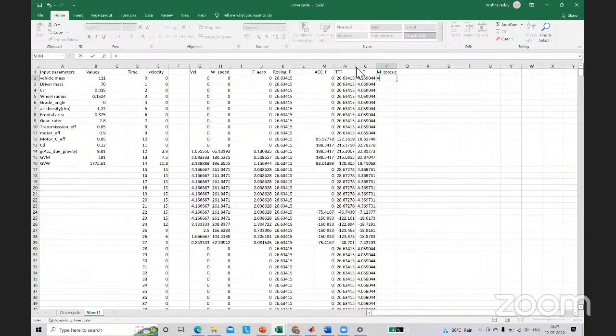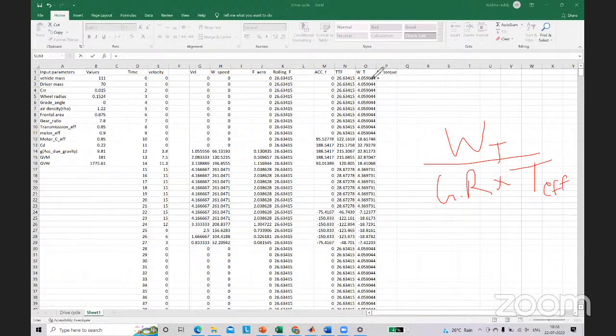Motor torque, as we went through the equations, is wheel torque divided by gear ratio multiplied with transmission efficiency.